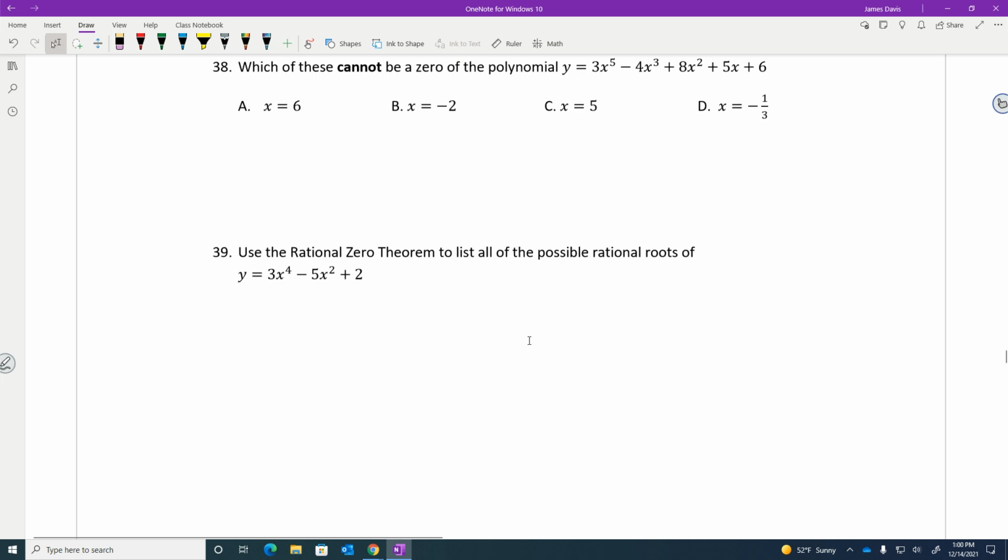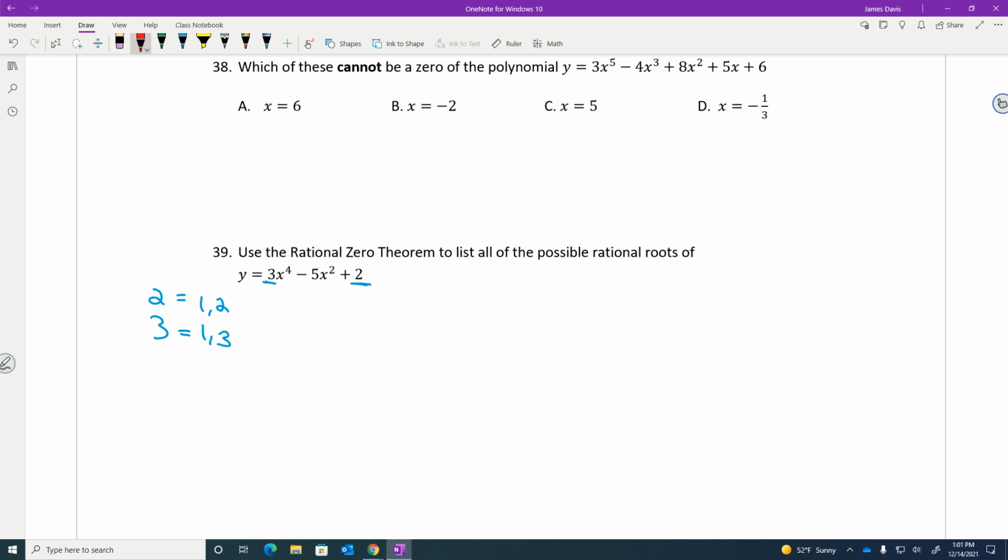So what you want to do is we're going to list all the possible rational zeros. We're going to look at the constant and leading coefficient. So we'll take the constant and we're going to list the factors of that. The only factors are 1 and 2, right? And the only factors of 3 are 1 and 3. So list the factors.